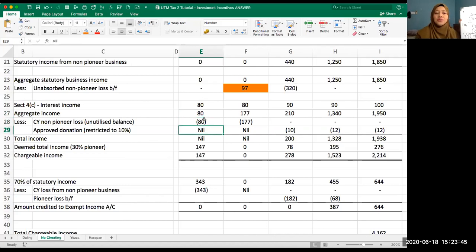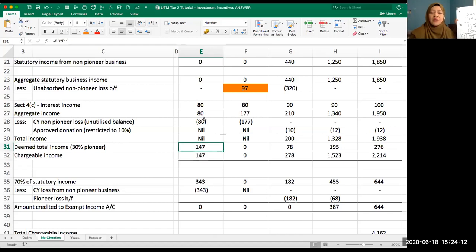So even though you do have a donation here, you cannot claim your donation. Then you have your total income nil, but then remember your 30% SI is known as a deemed income, it will always be there. So how much is that? The 30% of your SI for the first year is 147. As a result, your chargeable income is 147.